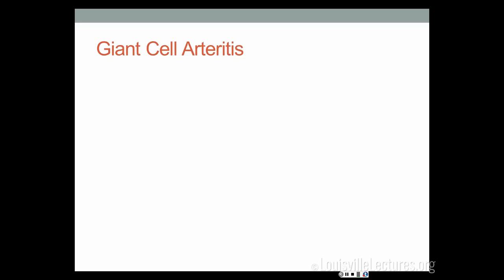Probably, depending on who you ask, the most common in the adult population. It's a large vessel vasculitis, also called temporal arteritis. We usually don't like to call it temporal arteritis because that makes people think that it's just here, and it's not. It can involve any large vessel off the aorta or its branches. And the one that gives you the vision problems is the posterior ciliary arteries, which are not large.